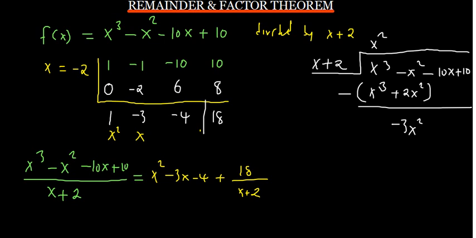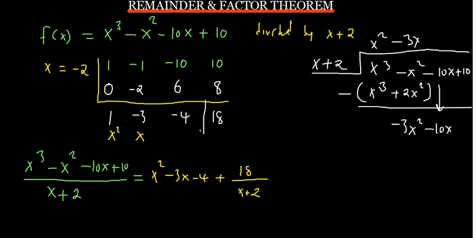Okay, good. And then I'm going to bring down now the negative 10x. And then I'll again say this x into negative 3x squared. What will be the answer? Very good, negative 3x.